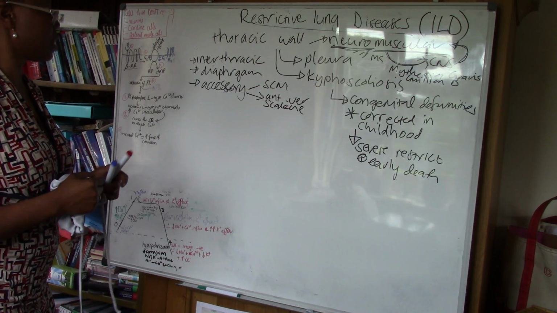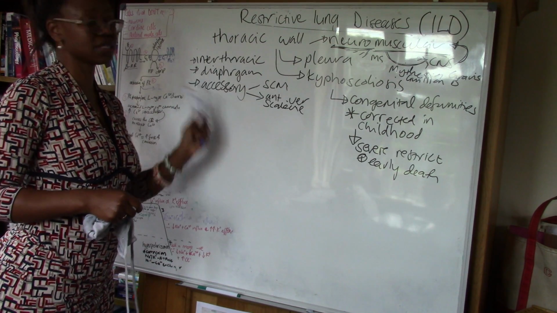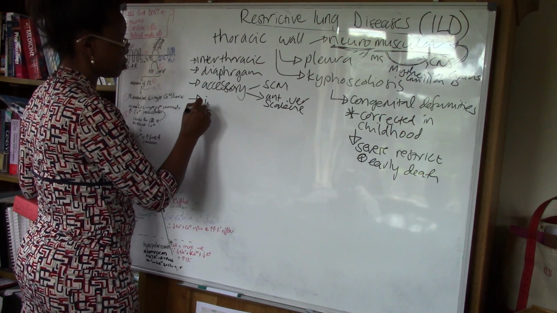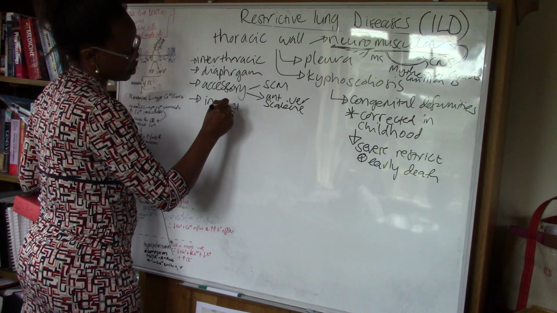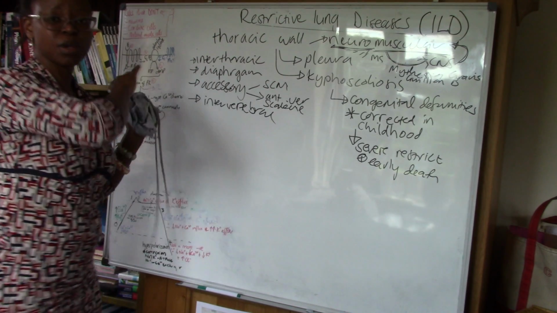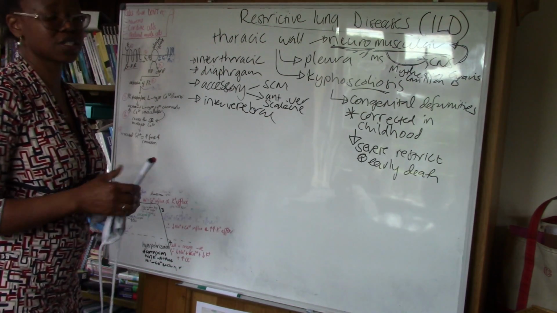So anything really that causes failure in the way these muscles are supposed to work, and indeed the vertebral, in terms of pushing back from the spine in scoliosis.